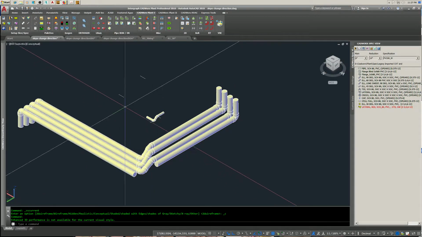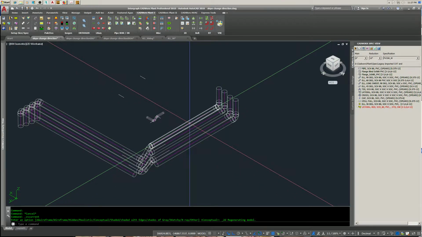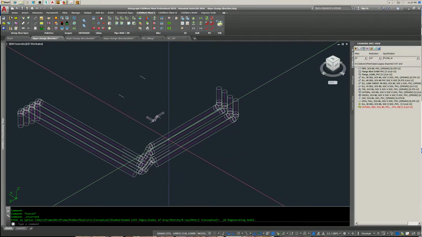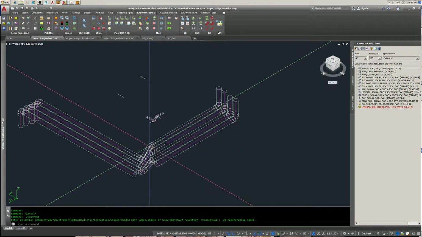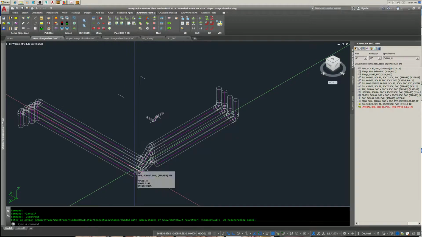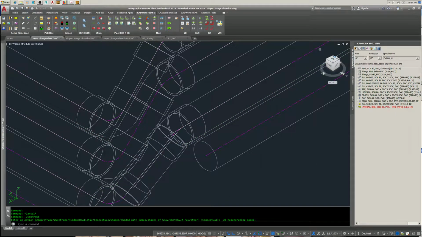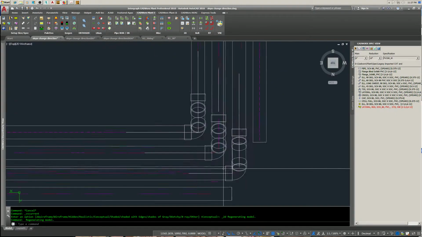Anyway, there's a lot going on with this model because of the different angles. We've got the slope, then we've got the angle of the connection. This is 45 and this is 30. And then as this 90-degree rotates about the longitudinal axis of this line, this angle changes in the plan view.